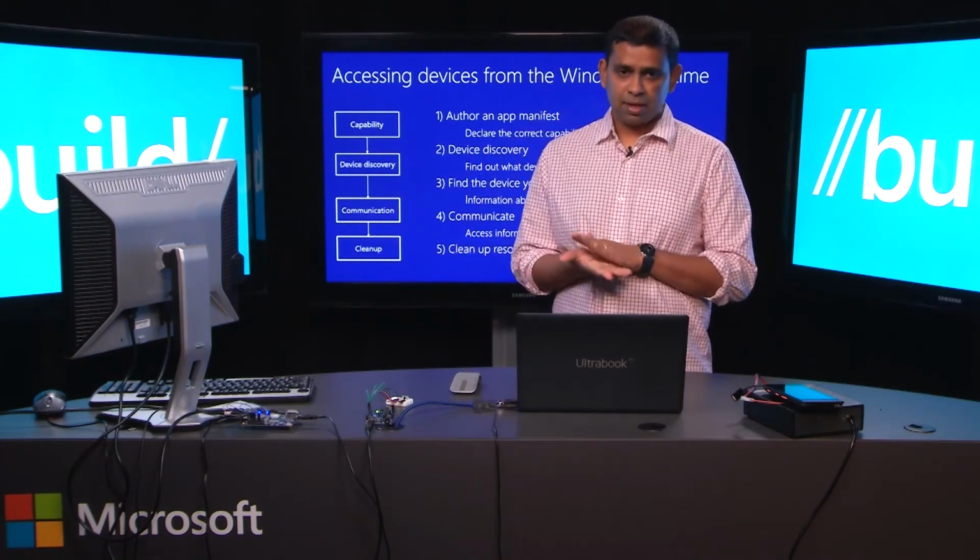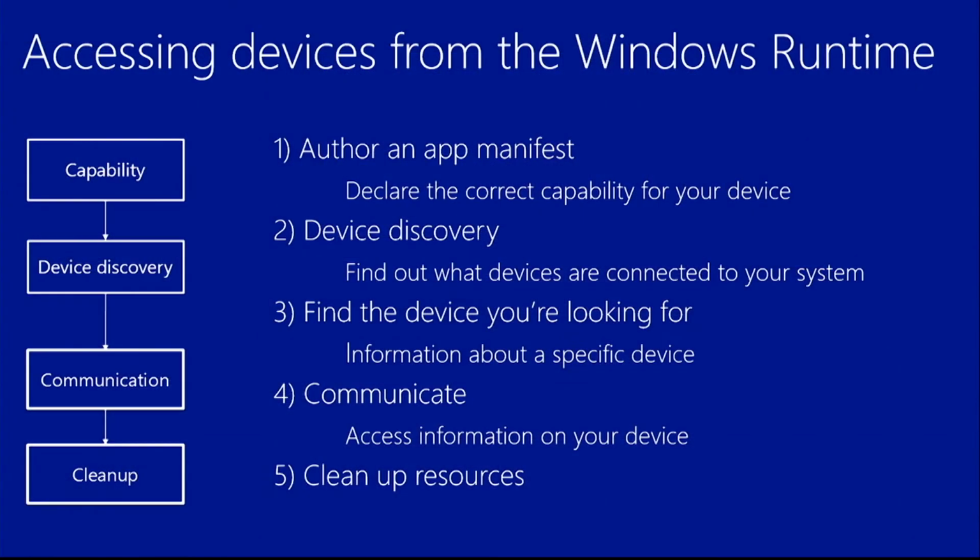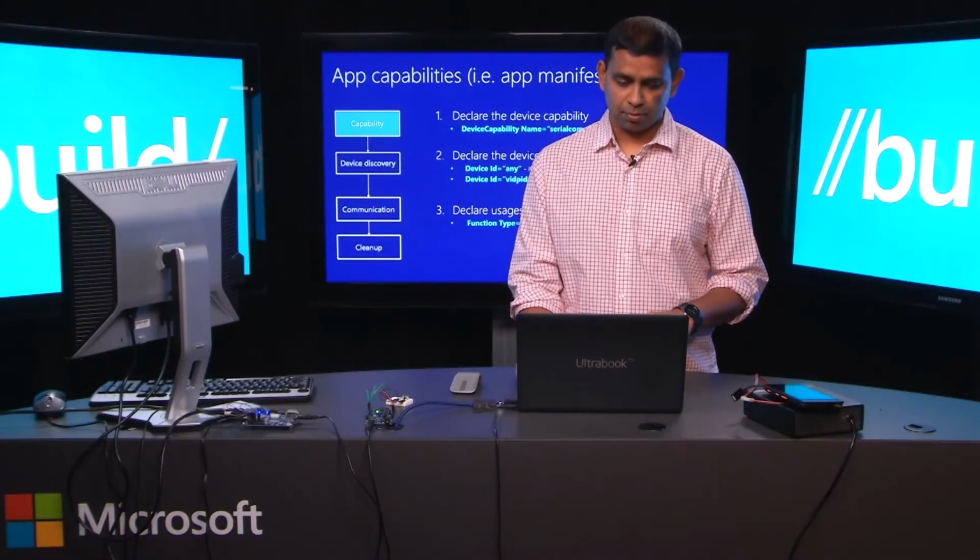The next step is to find the device that you're interested in and actually instantiate it, which is where device discovery comes in. Once you figure out the particular device or devices that you're interested in talking to, you can instantiate the device, and of course, you can start communicating with the device. And finally, when we are done, we, of course, clean up. So let's look at each of these steps in a bit more detail.